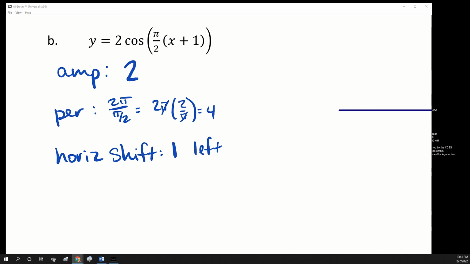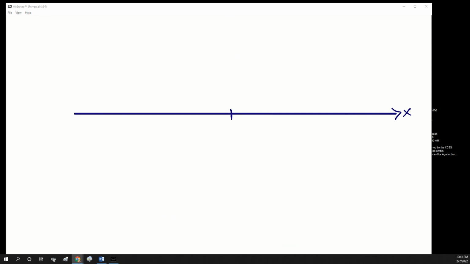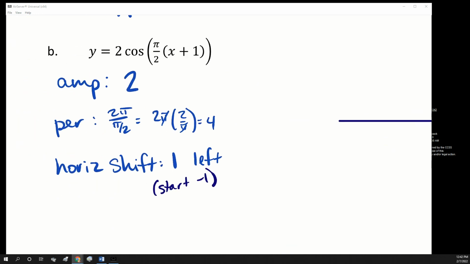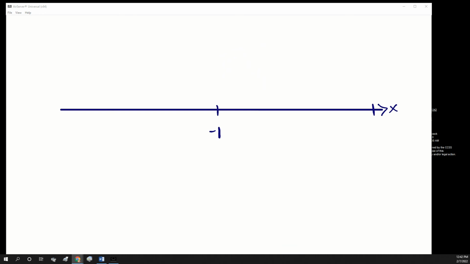So if it shifted 1 to the left, what do you think should be right there in the middle? -1. 1 left means that you start at -1. So -1 is right in the middle. Right, to get the end point at the right, we're going to take that -1 and we're going to add the period to it. And what are we going to get? 3.